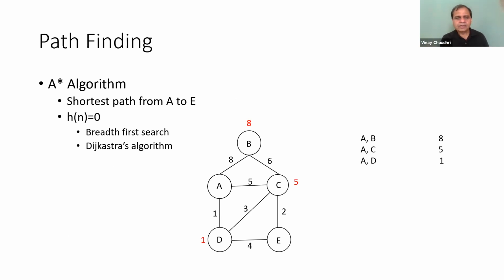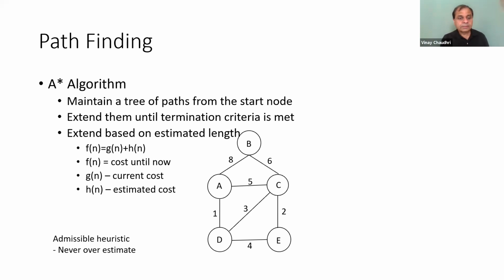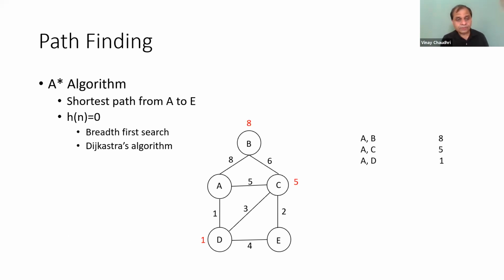Obviously, if we assume that the cost of reaching the goal state is 0, it is clearly not an overestimate. And when we set the heuristic to 0, the search algorithm also degenerates, or reduces, to what's more popularly known as a breadth first algorithm or Dijkstra's algorithm.